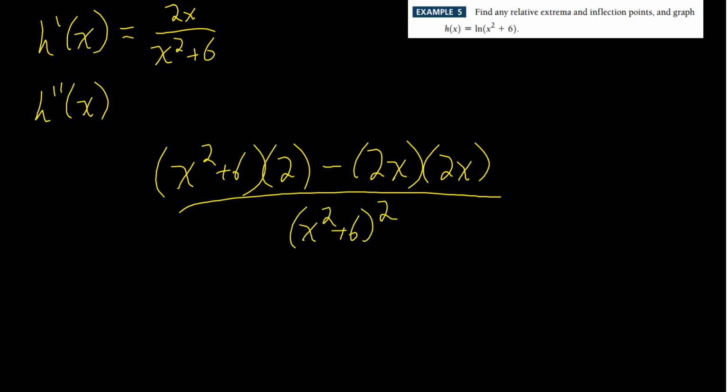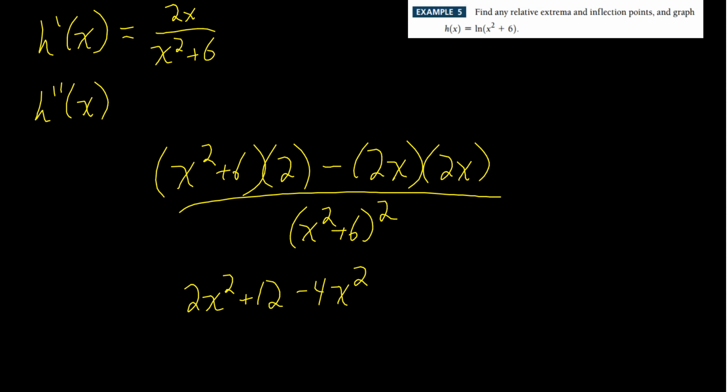Right. And if we clean this up, we end up with 2x squared plus 12, and then minus 4x squared, and then all over the bottom.